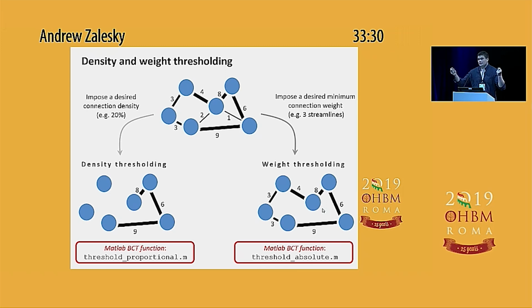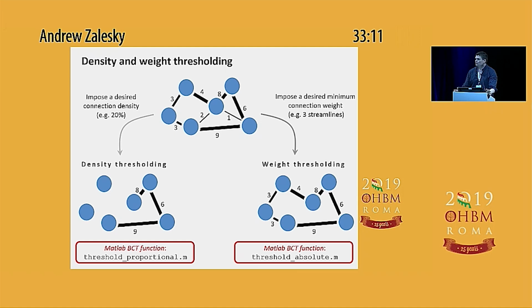Now, the key point here is that for any weight-based threshold, I can give you the corresponding density threshold to achieve that graph. So there's a one-to-one correspondence between weight and density-based thresholding.